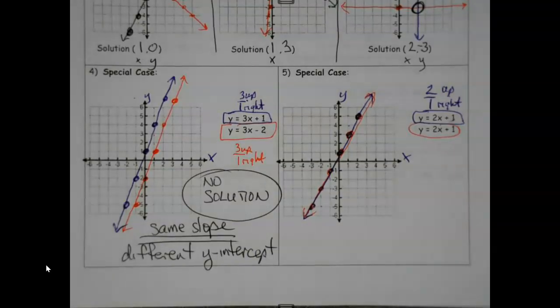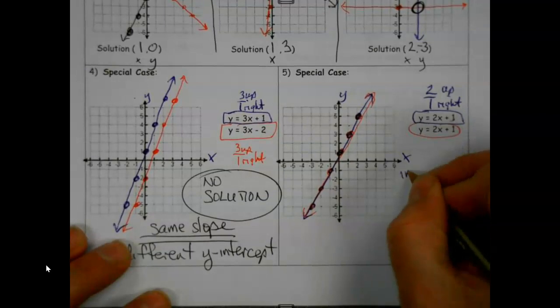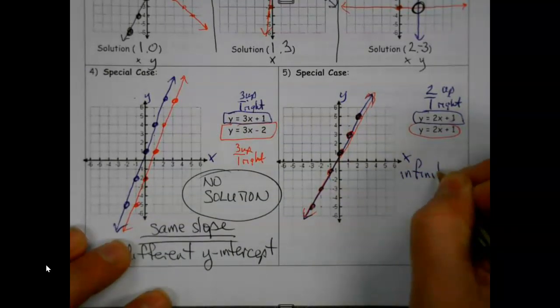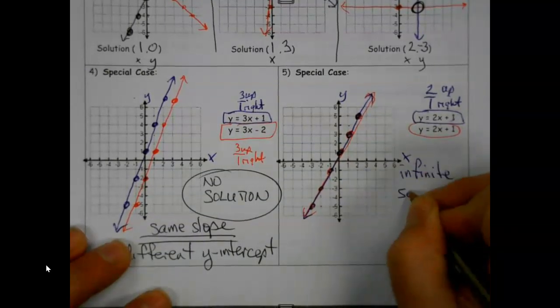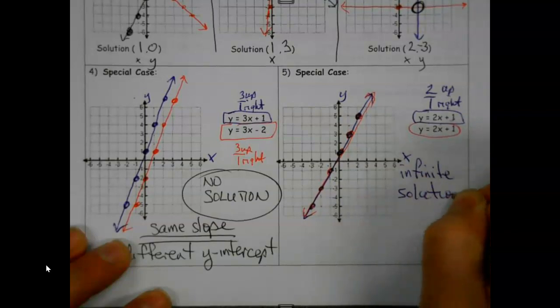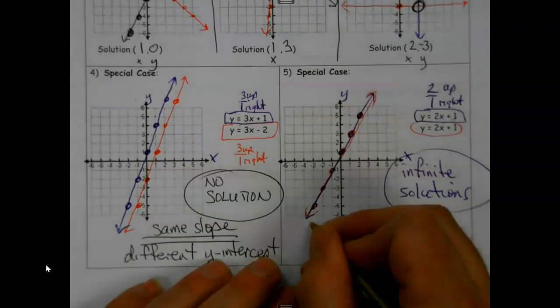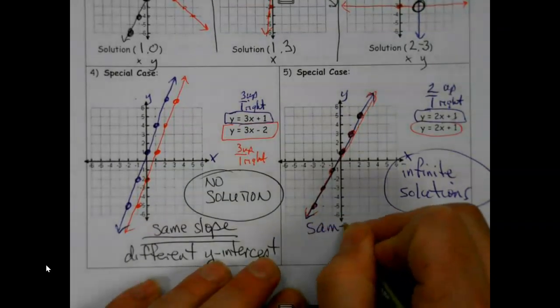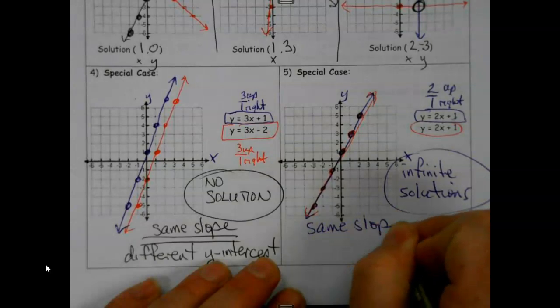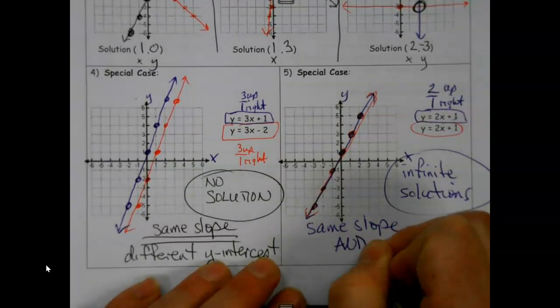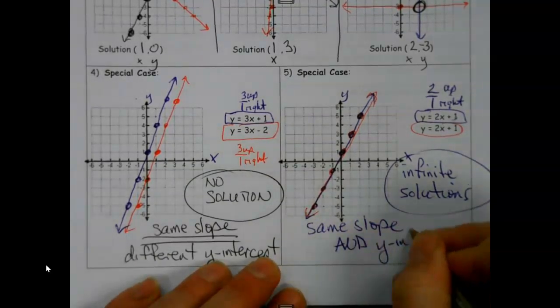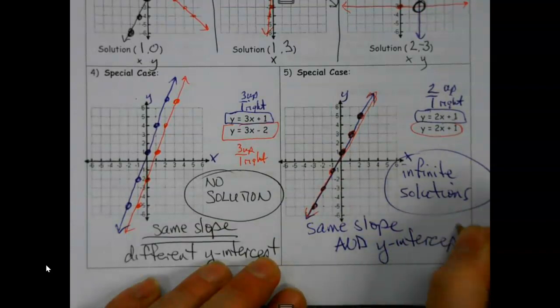Okay. So this one has infinite solutions. Like, there are more solutions than you could ever write down on the paper. Because they have the same slope and the same y-intercept.